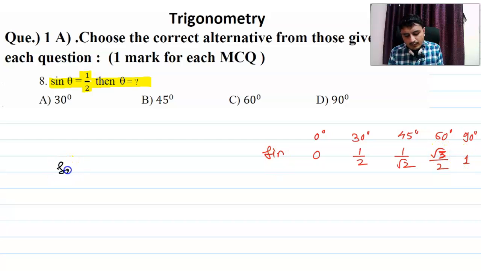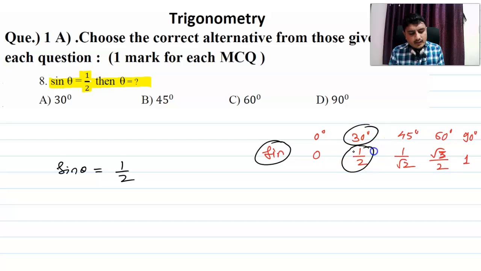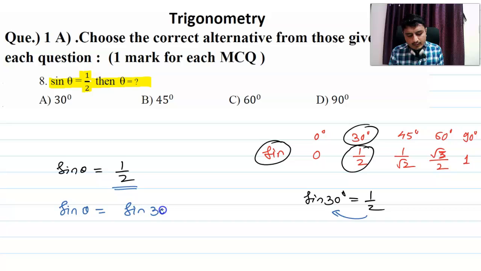So here we are given sine of theta equals half. Look at the sine ratio: sine of 30 degree is equal to half. So we can replace half by its value, sine of 30 degree. So sine of theta equals sine of 30 degree.